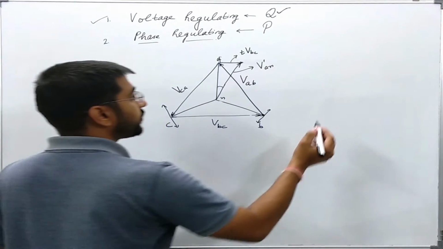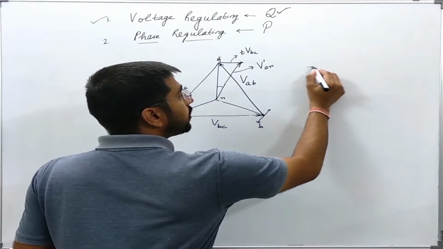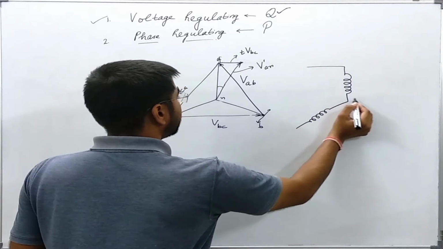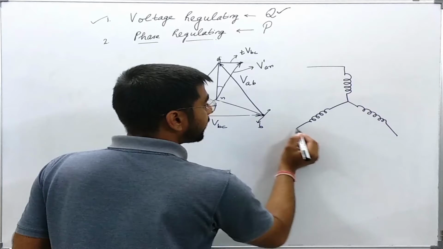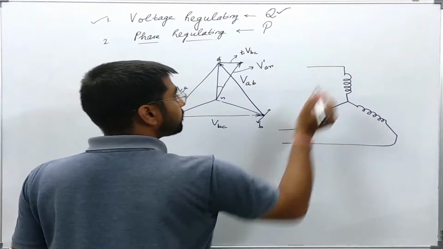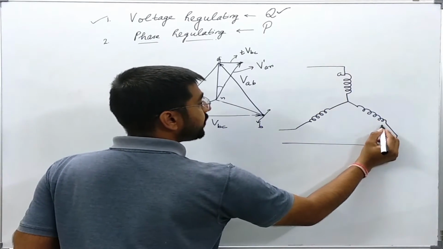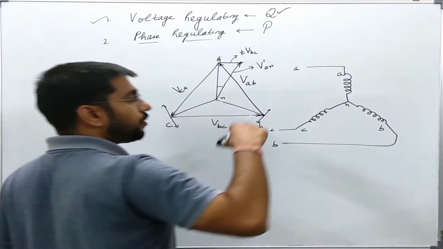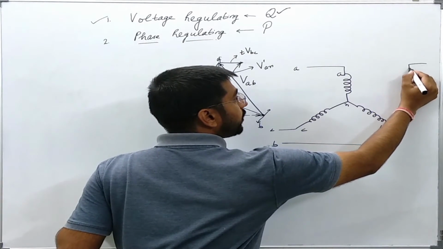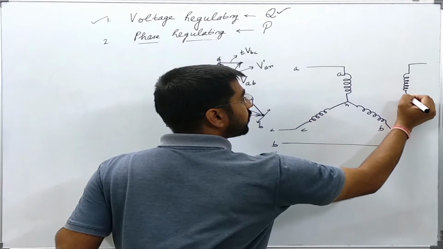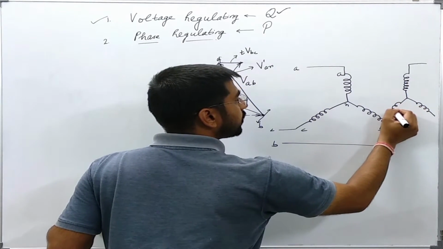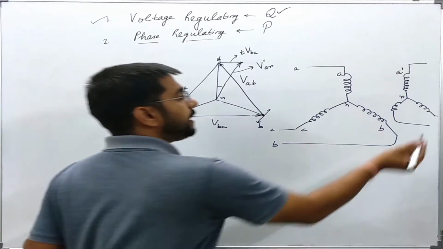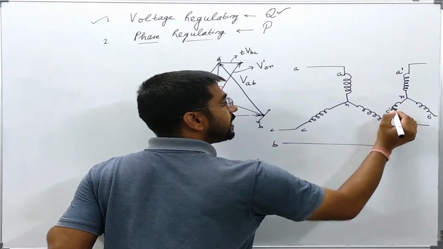Let us say that I am trying to change, let us say this is the primary, this is A, this is B, this is C, and this is N. A, B, C. Okay, now on the secondary side, I want to get a voltage VAN dash, okay, and VBN dash, and VCN dash.